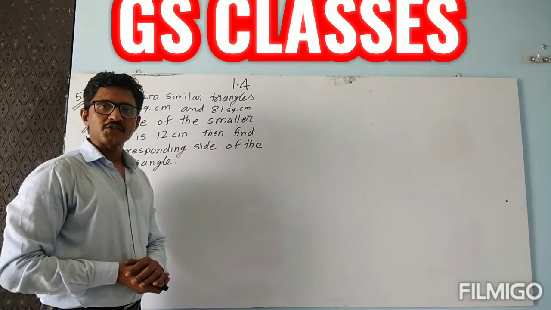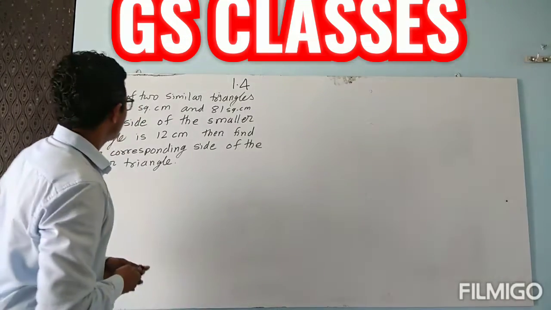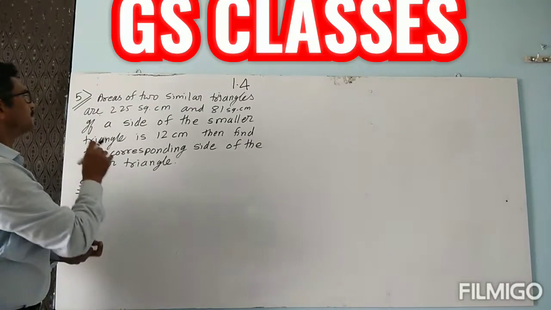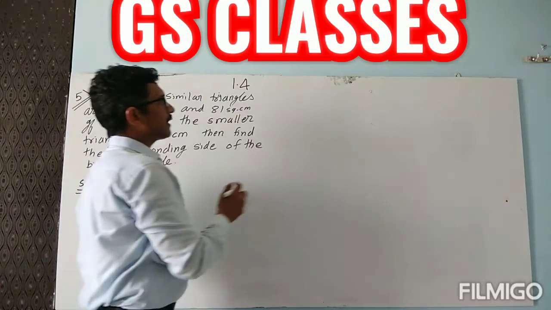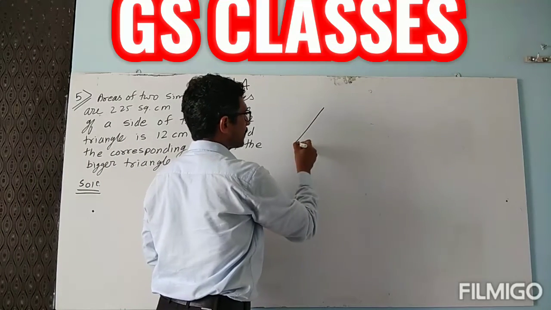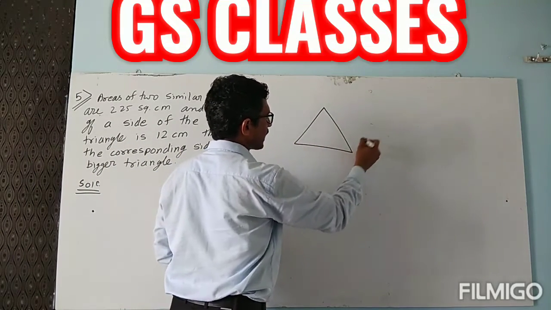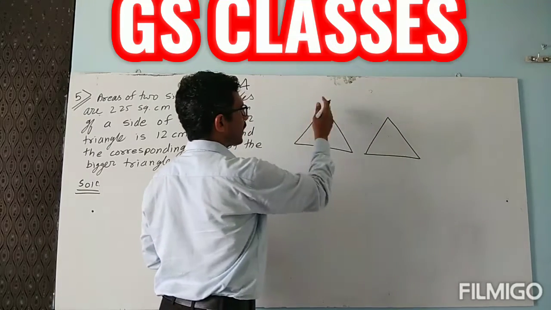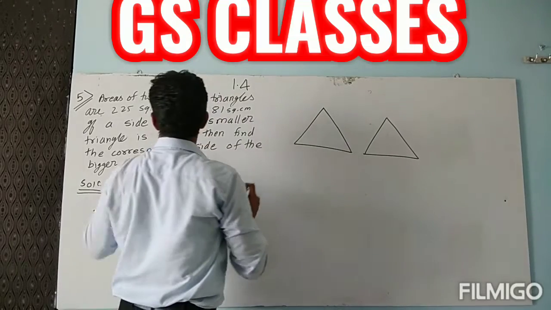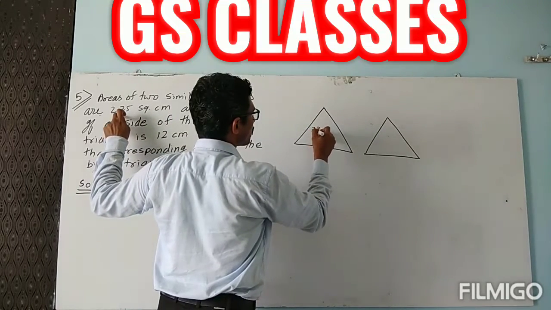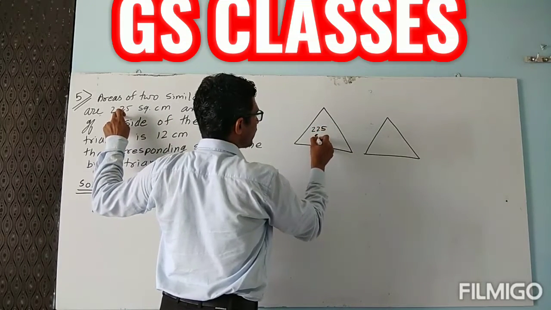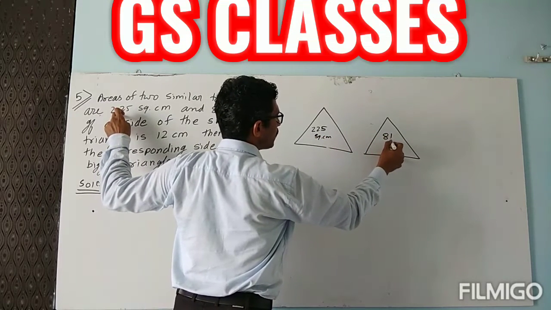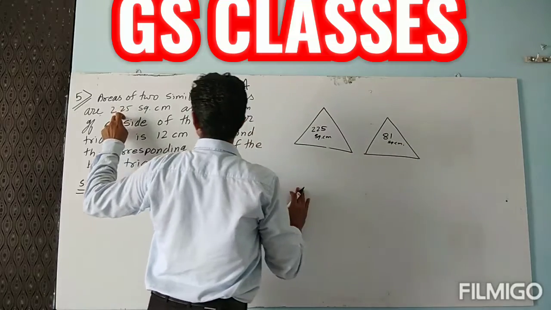So hello student, let's solve fifth question. Children, in this question what they are asking, that two similar triangles are given. One I am taking bigger one, other smaller, and their areas are 225 square centimeter, and this one is having area of 81 square centimeter.